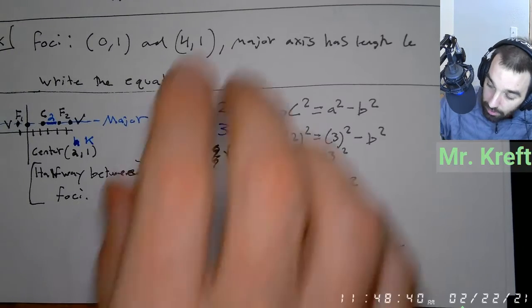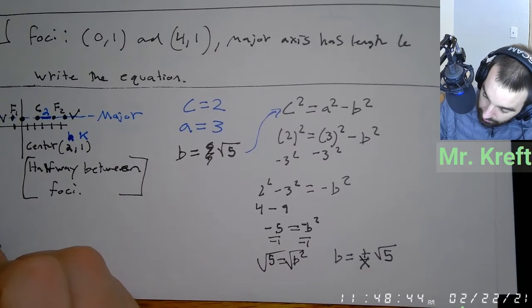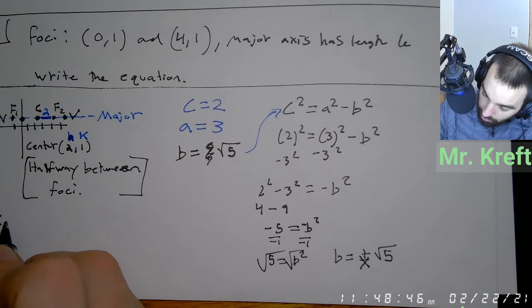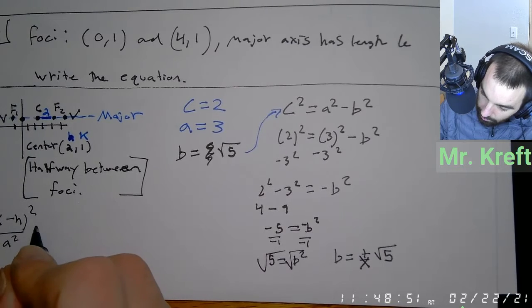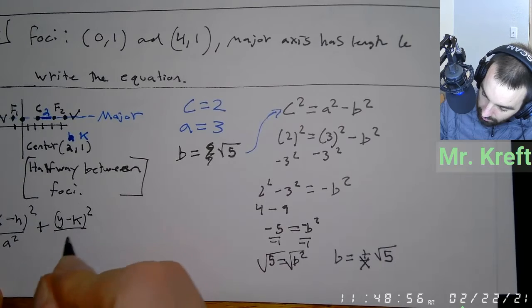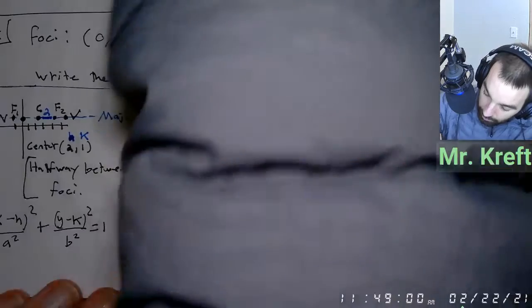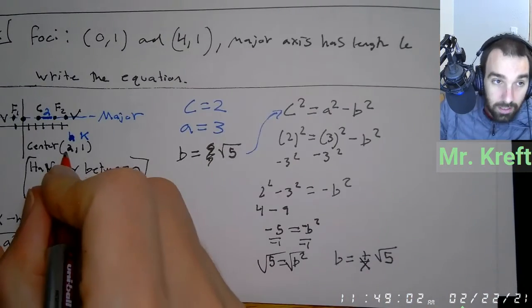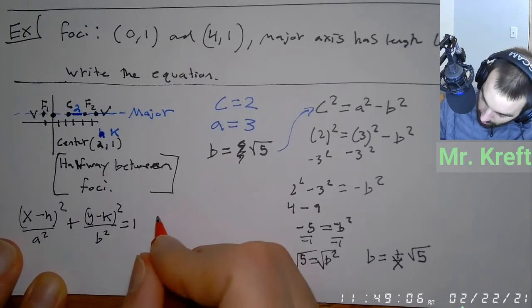Okay, so the last thing I'm going to do is write my equation. In this case, the standard form, right, is I'm bulging in the x. So if I'm bulging in the x, then my a is going to be with my x. So I'm going to go ahead and plug things in. So x minus h, can you guys see this? X minus h.